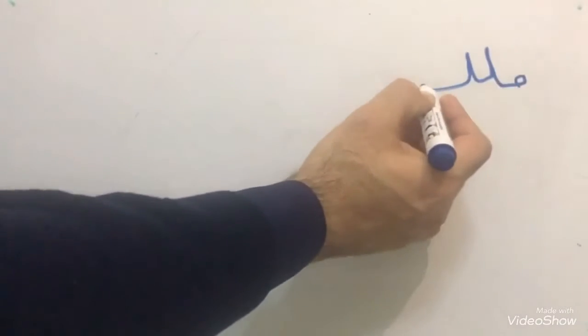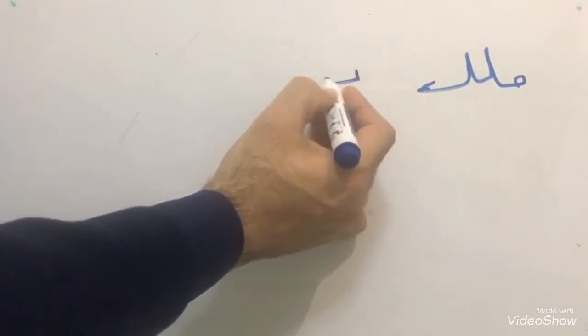Now, to differentiate between the early Arabic and nowadays written Arabic, we can give an example. Maliki Yawmi.